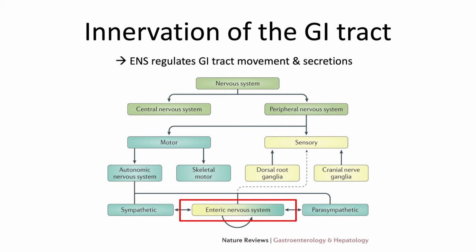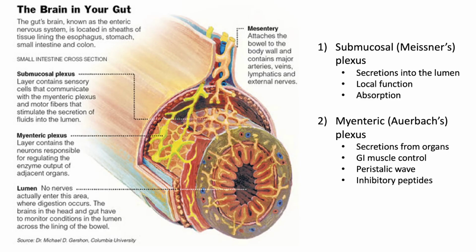This leads to reflexes that act independently of the brain or the spinal cord. So the role of the enteric system is to regulate movement and secretion of the GI tract. But additionally, the central nervous system regulates the turnover rate of the GI mucosal cells.